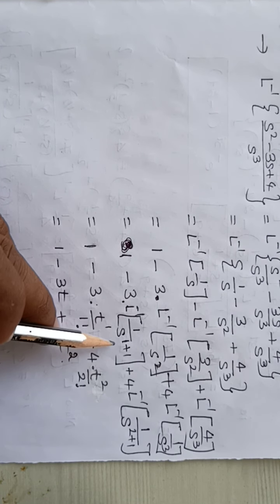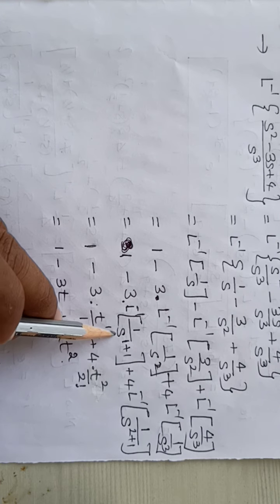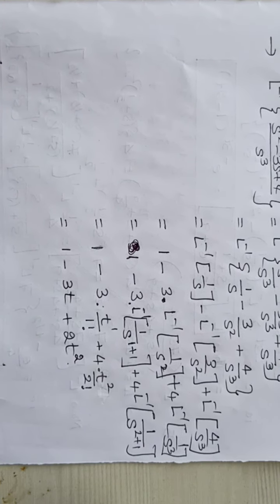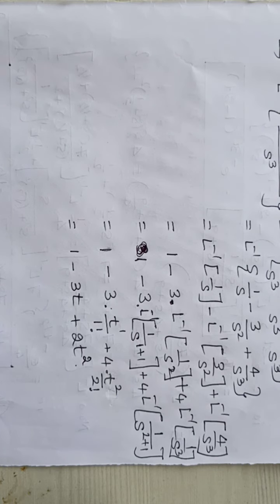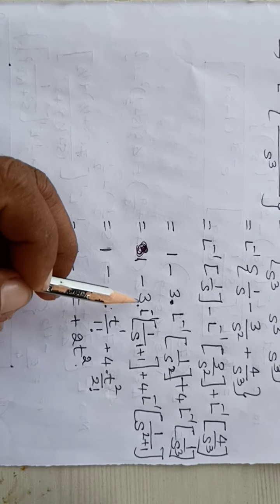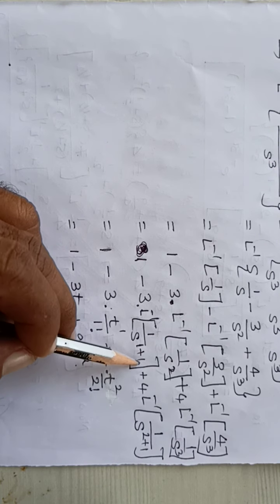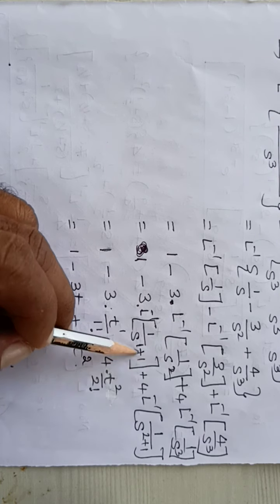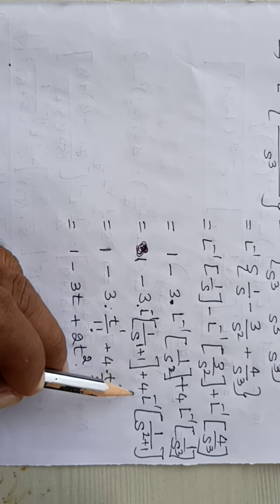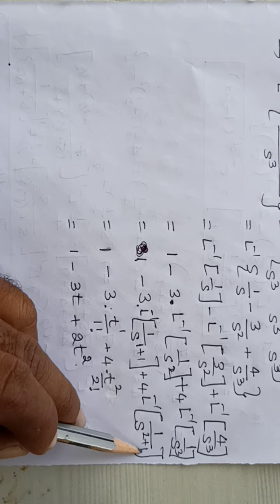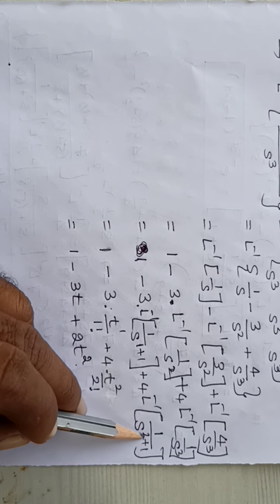Actually, when we are going to solve this problem we do not write like this, but those who are slow learners can also understand this problem. 1 minus 3 Laplace inverse of 1 upon s raised to n plus 1. Plus 1 in the formula it is there, here 2 is there, so 1 plus 1 is 2, plus 4 Laplace inverse of 1 upon s raised to n plus 1. 1 is already there in the formula, so 1 here, 1 plus 2 is 3.